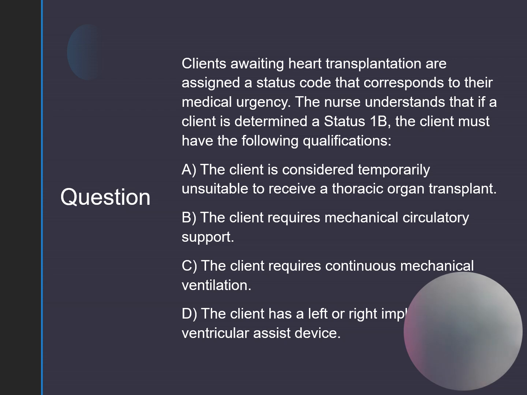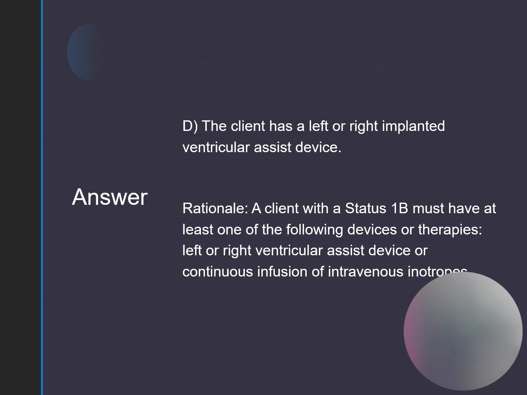The client requires continuous medical ventilation, or the client has a left or a right implanted ventricular assist device. This is D. The client has a left or right implanted ventricular assist device.